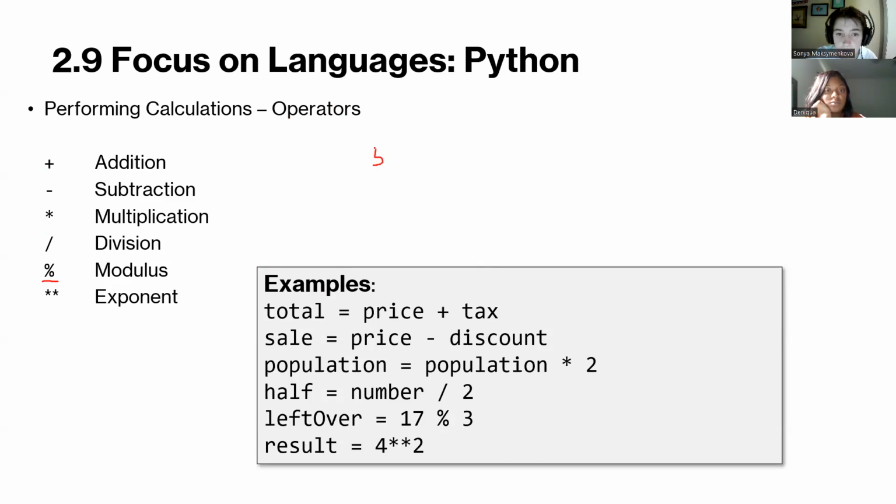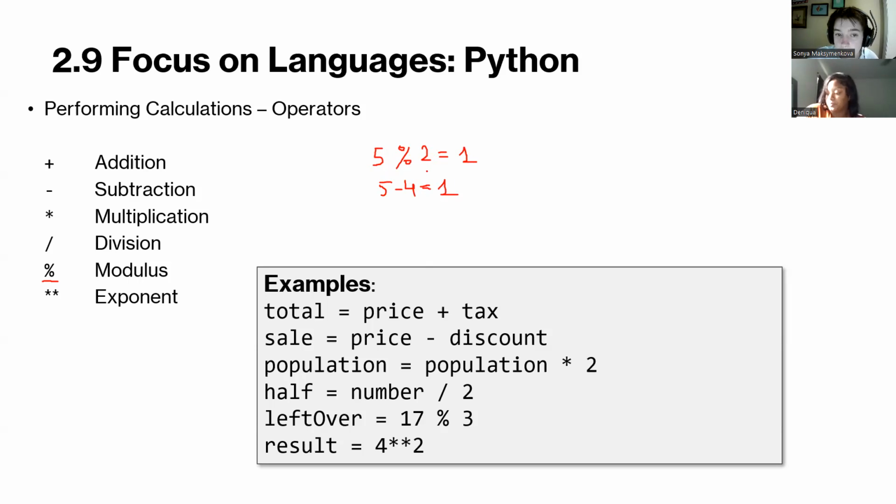So if we have 5 modulus 2, it's going to find the closest number that divides by 2 as a whole. For us, it's 4. Then it takes 5 minus 4, which equals 1, and this is your answer, 1.